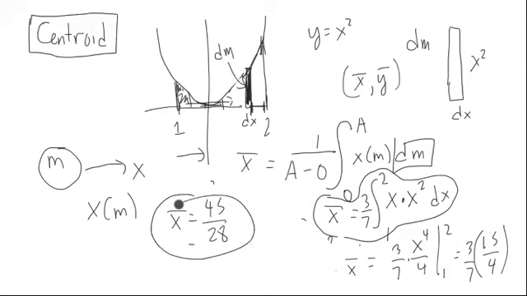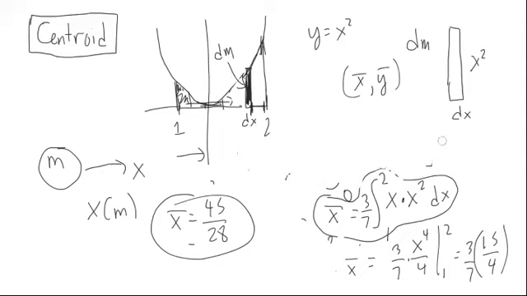Okay. Now, how do we find y bar? To find y bar, we could just turn the table around and think of the shape going up this way with the mass variable. But we can keep with the same dx and dm relationship here.